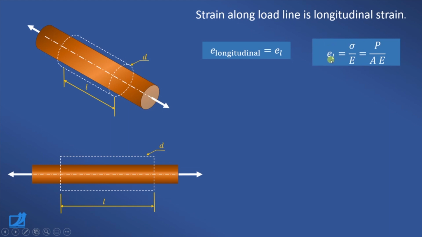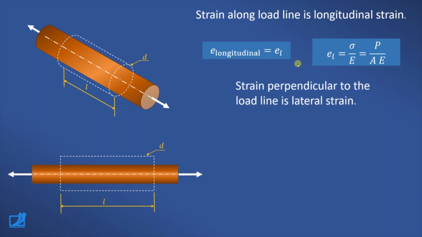Or you may write it in this manner, P upon AE. P is the load and A is the cross-sectional area that is perpendicular to the load line.